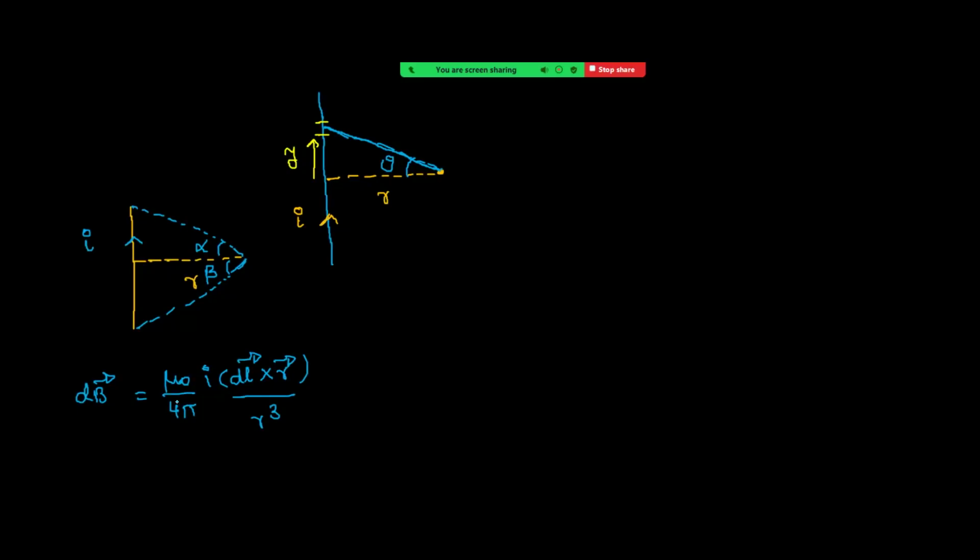Now coming to here, mu naught upon 4 pi I into dl bar. The direction of dl bar is the direction of current. It is like this. Okay. R bar is the position vector of the point where we want to calculate the strength of the field with respect to this current carrying element. That means the direction will be the direction of R bar. It will be like this. This is R bar.